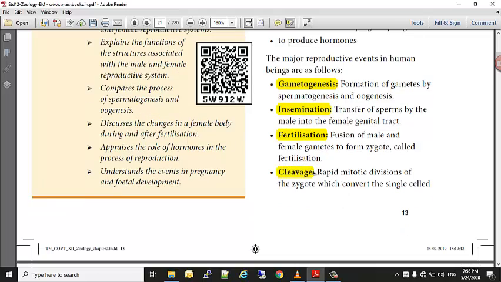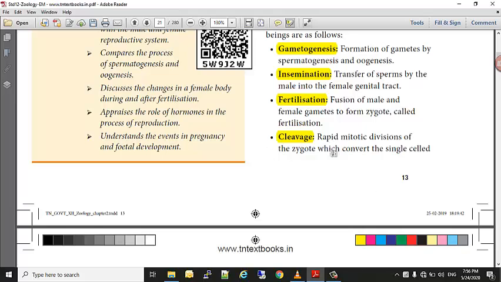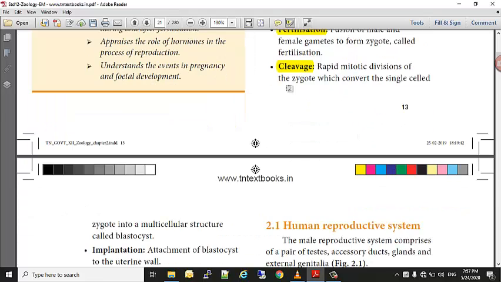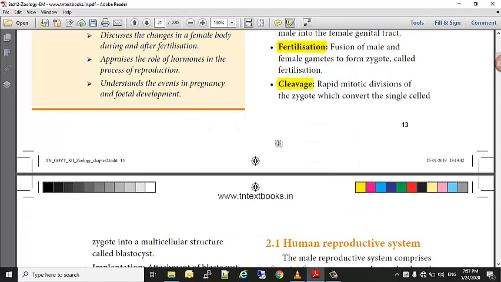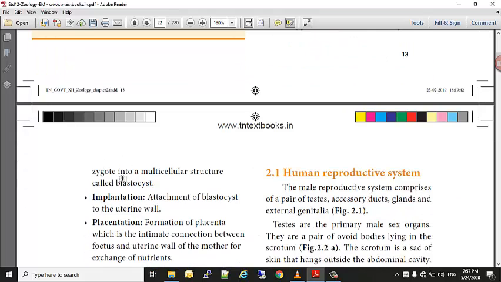And what happens after fertilization? After fertilization, the zygote is formed, and continuous division takes place in the zygote. The single cell is cleaved into many, and that process is called cleavage. The zygote turns into a multicellular structure called the blastocyst, which will further develop into a fetus.